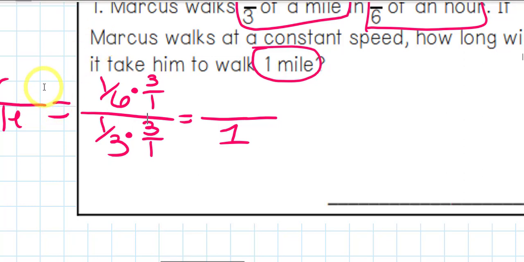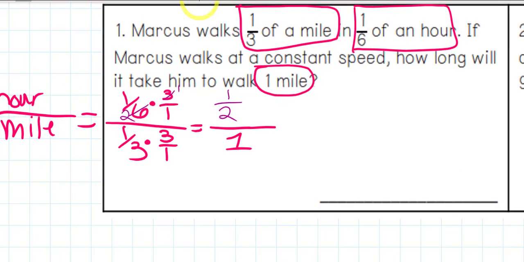Okay? And that's how you get your denominator equal to 1. And our numerator now, let me simplify this. 3 goes into itself once, 3 goes into 6 twice. And so I'm going to have 1 in the numerator and 2 in the denominator. That's 1/2. I go back to my words. That's a half an hour in 1 mile.